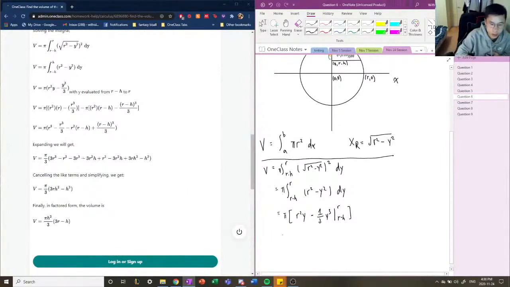So our definite integral will be pi times r squared times r minus 1/3 r cubed, and that will be minus r squared times r minus h plus 1/3 times r minus h cubed.